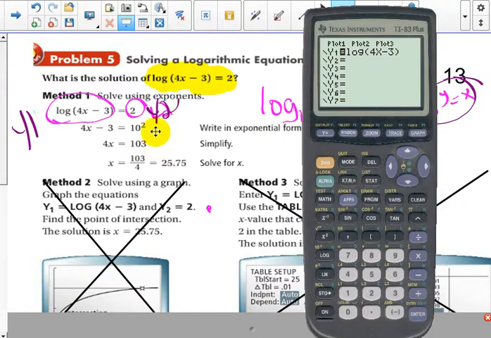And then my y2 is just 2, a straight line through the y-axis at 2. Then you're going to hit graph.